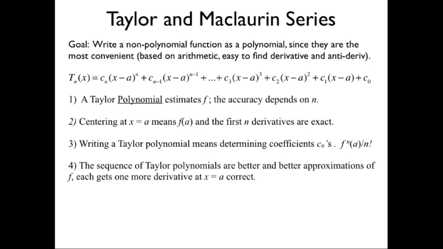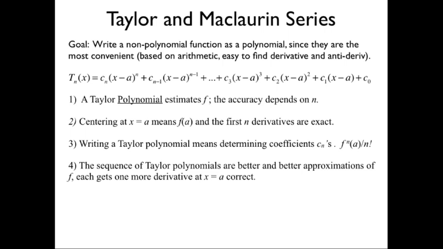And then we saw that if you looked at the sequence of Taylor polynomials, higher and higher degree, you get better and better approximations of f. Always the next polynomial will get one more derivative correct, right? So the very first Taylor polynomial is just a constant function at f of a. So all it gets is the function value right.